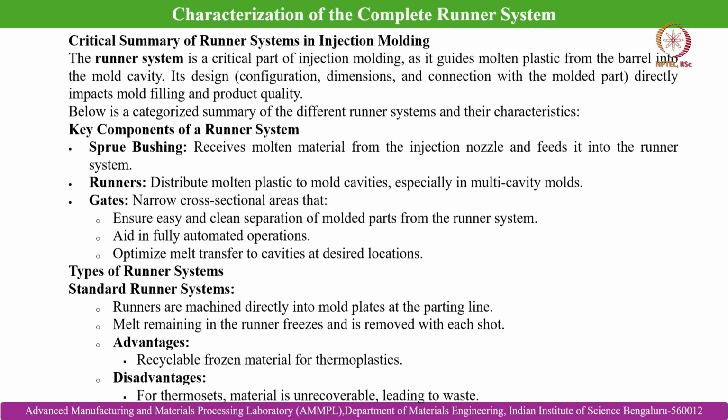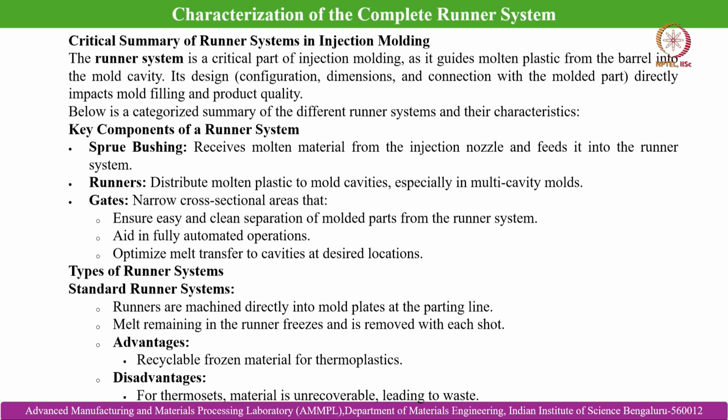So, the key components of a runner system: the sprue bushing receives molten material from the injection nozzle and feeds into the runner system, and then runners distribute molten plastic to mold cavities, especially in multi cavity molds, and gates have narrow cross sectional areas that ensure easy and clean separation of molded parts from the runner system, aid in fully automated operations, and optimize melt transfer to cavities at desired locations.